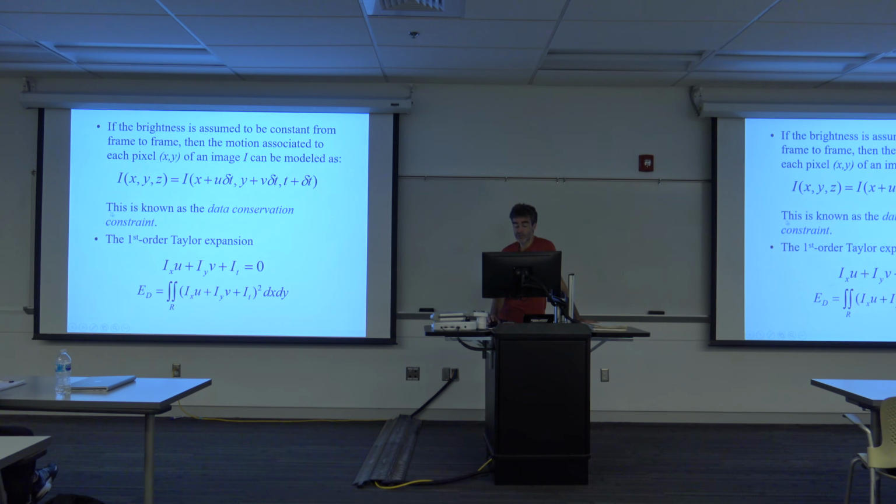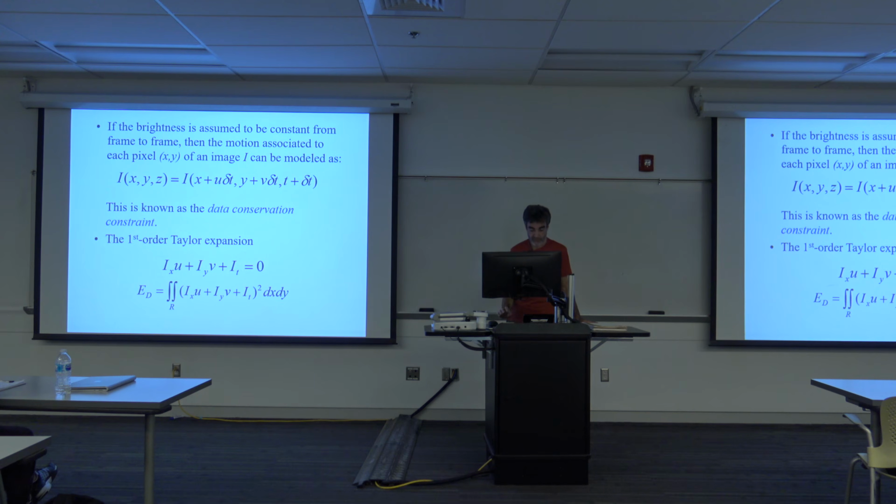This constraint that we derived the other day is called the data conservation constraint, right? Which means that the data is preserved or conserved over time, that the only thing that occurs is that the information in pixel xi has moved to another pixel, right?